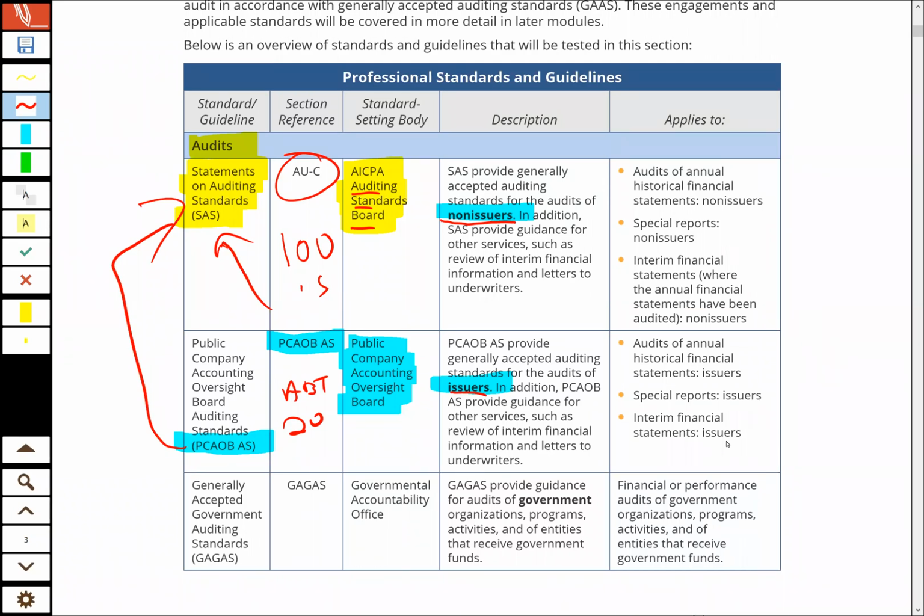Okay, so we've talked about the statements and auditing standards that are for non-issuers. There are hundreds of those. There's roughly about 20 PCAOB standards which cover public companies. And sometimes students will say, well, why would there be so few standards for public companies than for non-public companies?